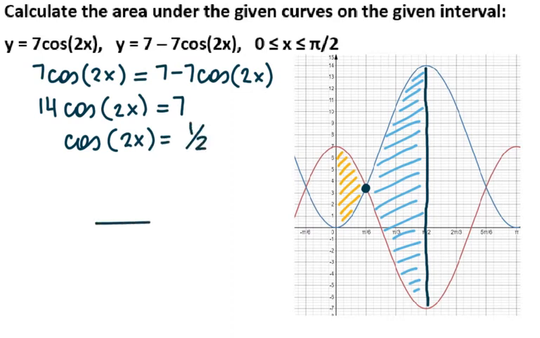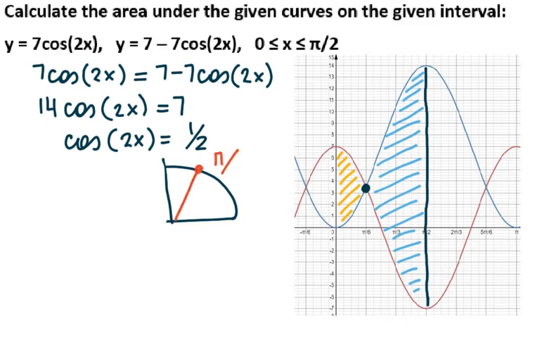For arc cosine, when we take the cosine function, we're only looking between 0 and pi over 2. So if we're looking only at the first quadrant, cosine equals 1/2 when the angle is pi over 3.